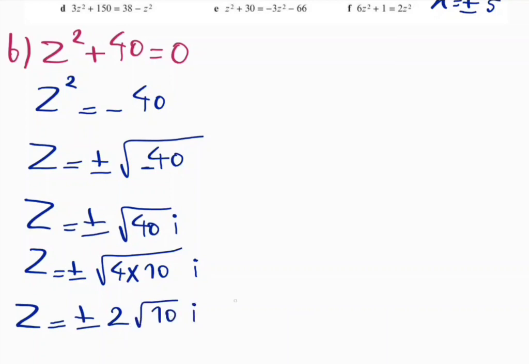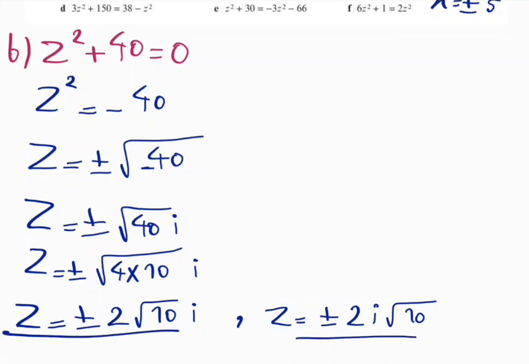Or we can write this in this way as well. Both of these are equal, by the way. Some people prefer to write plus or minus 2i root 10, just writing the i unit in a different place. And yeah, so that's it. This is the answer of the question, and it's up to you whichever way you want to write.